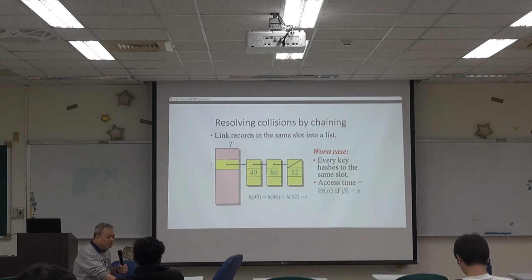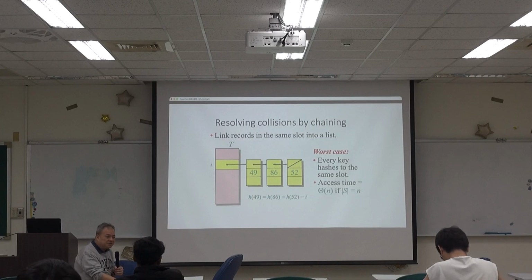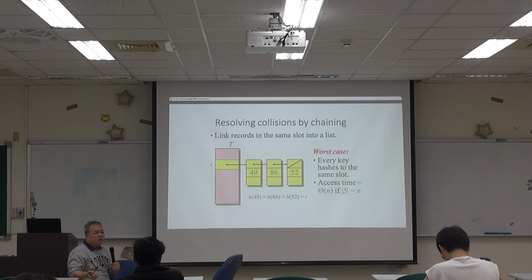Deletion, well, you need to identify the record first, right? So deletion is kind of like you need to search the record and then delete it. So let's first talk about search. Well, you need to go through this linked list to find your record. So that takes linear time.